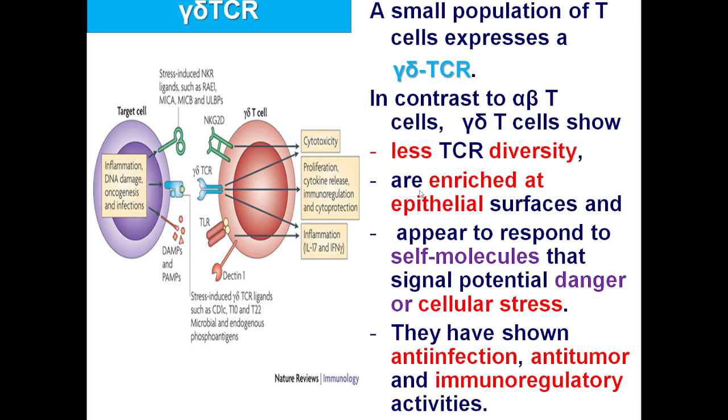Gamma delta T cell receptors are enriched at epithelial structures, mostly present in the epithelial structure. Gamma delta T cell receptors appear to respond to self molecules that signal potential danger or cellular stress. It means that mostly cells that have gamma delta receptors serve as killer cells.